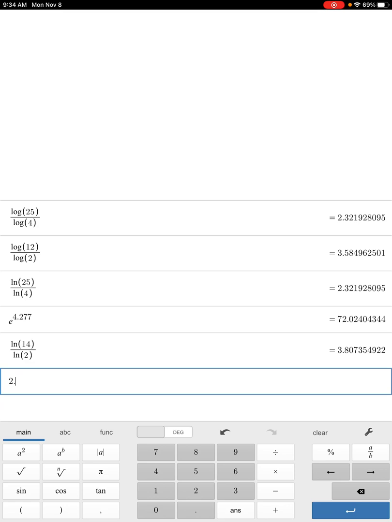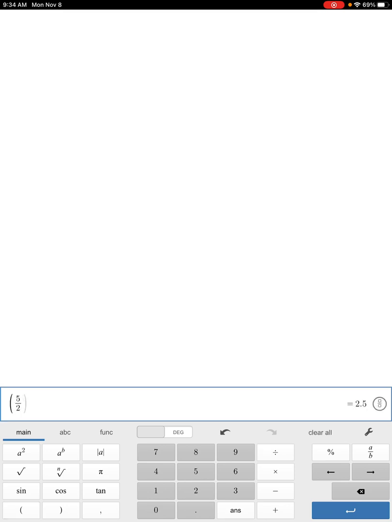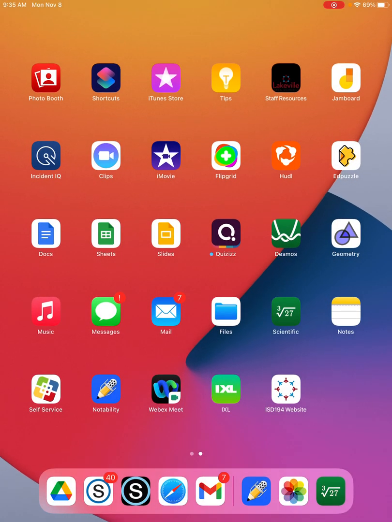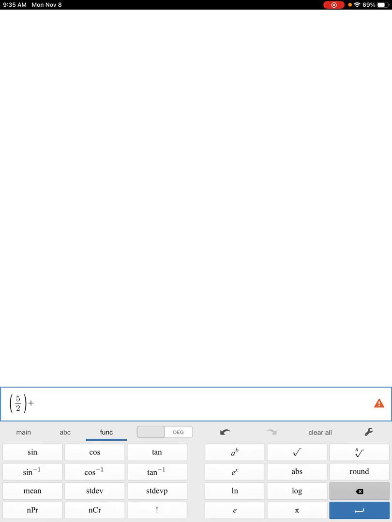So let's see here. What did we get? 5 over 2 was 2.5. We can just write it exactly the same. 5 over 2 plus, again, I rewrote log base 3 of 7.5 to ln 7.5 divided by ln of 3.